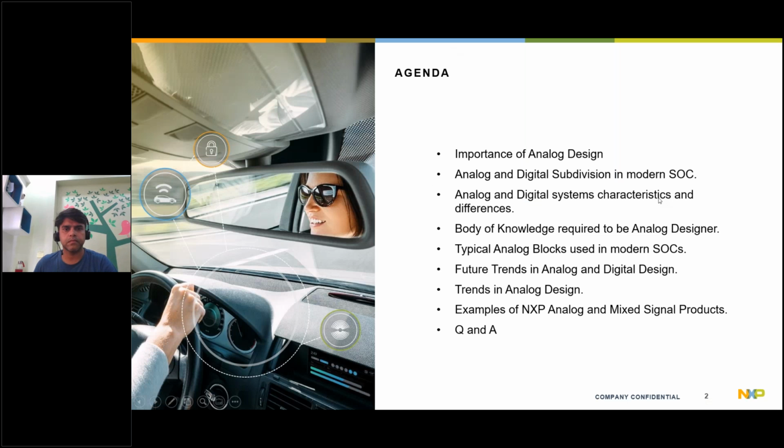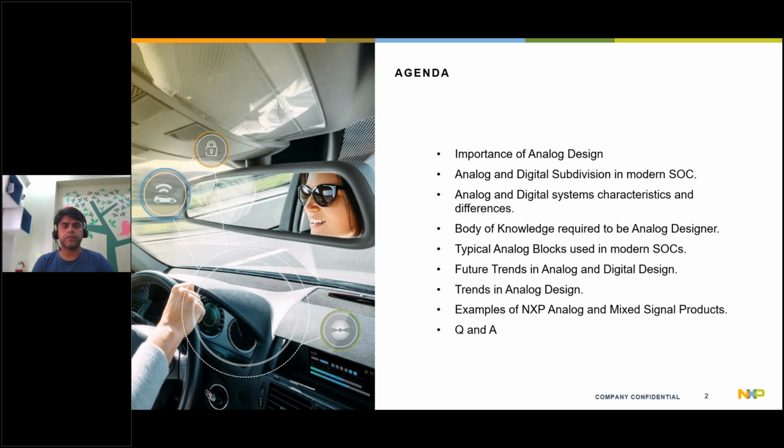Okay, so this is the agenda. The first will be the importance of analog design. Then I'll briefly dwell upon the analog and digital subdivision in modern SoCs. Then we'll describe what is typically a characteristic of an analog system and a digital system. Fourth will be of interest to you. This is basically what I call the body of knowledge: what all the areas you need to know or the skills you need to develop if you want to work as an analog design engineer.